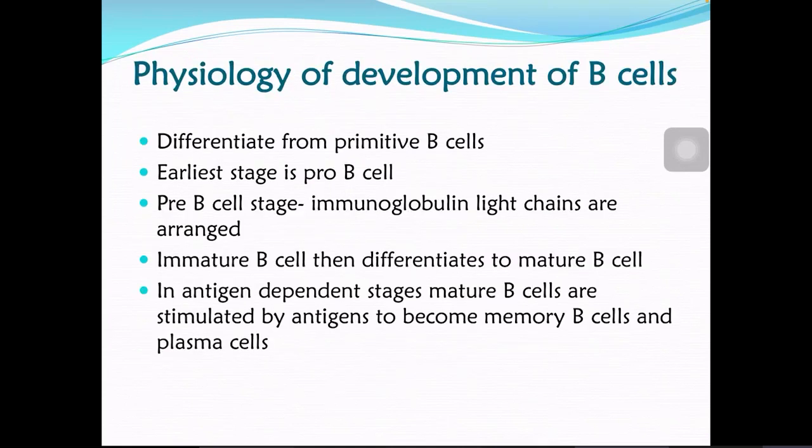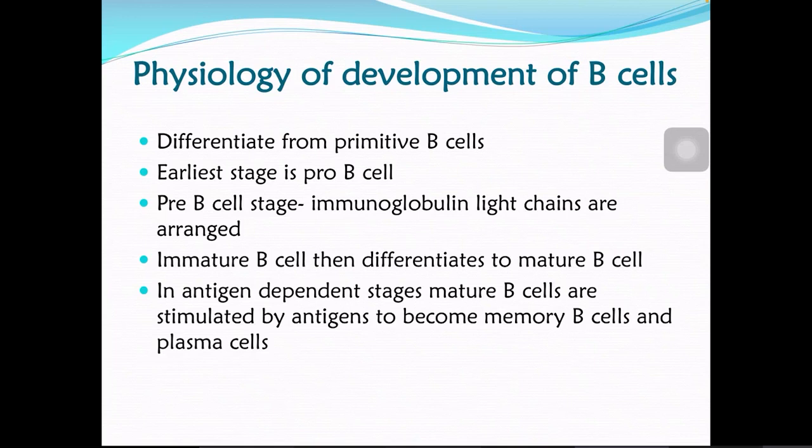Right. Now, we'll talk about the B cell disorders, and to talk about B cell disorders, I thought we will just talk a little bit about the physiology of development of B cells. Now, B cells differentiate from what are called primitive B cells, and the earliest stage is known as a pro-B cell.